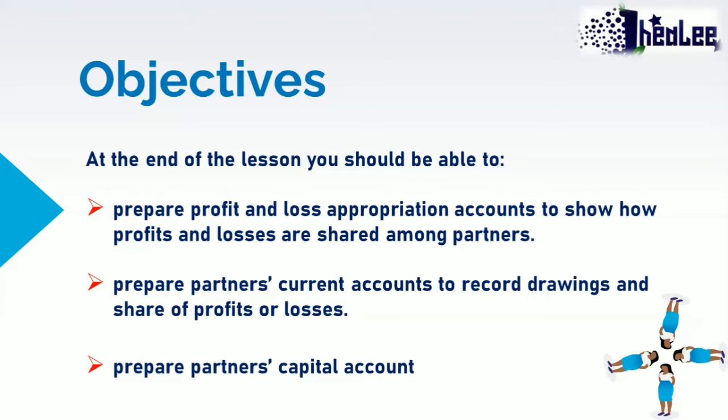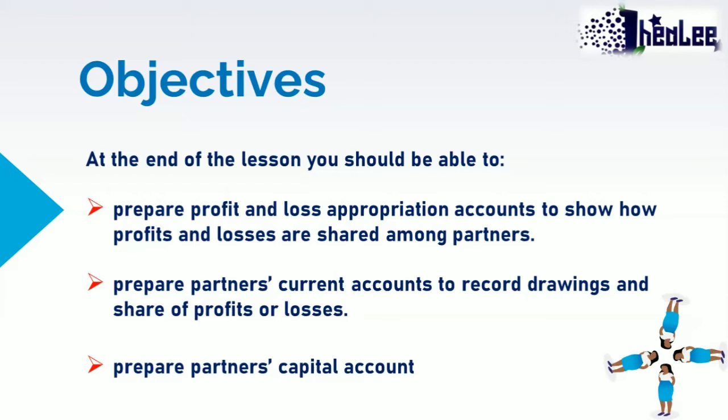While the appropriation, which is new to you, is part of the financial statement prepared by the partnership business, and it shows how all profit or losses for the year are shared between or among the partners.